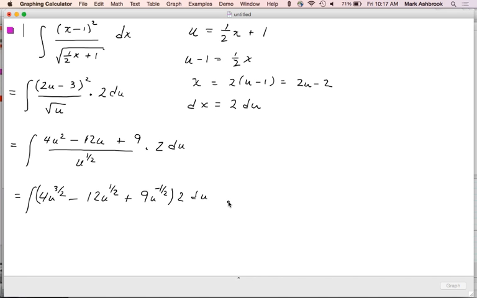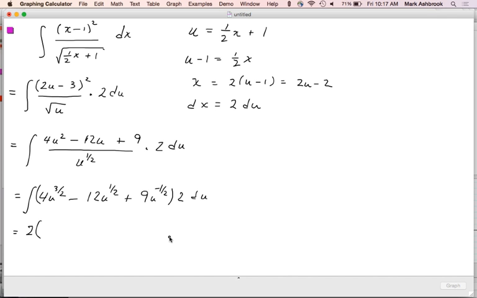So what do we want to do? Do we want to keep the 2 out, or do we want to multiply the 2 in? Doesn't matter. Let's just keep it out.